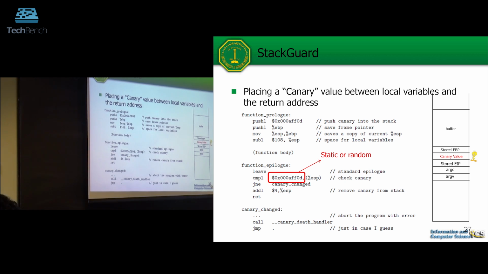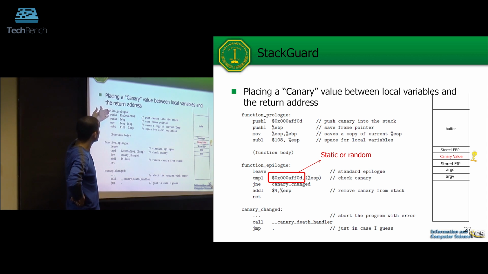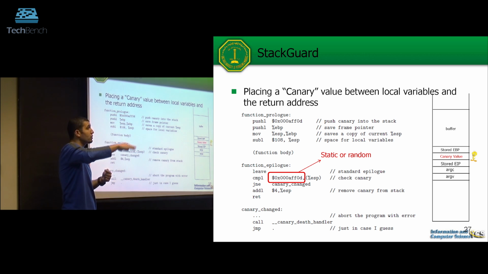Here is an example of how this is done. If you compile your code with that feature, canary value or StackGuard enabled, you will see here a push, which pushes this canary value onto the stack. In the function prologue, which is what happens whenever you enter a function or call a function, certain things are always done.